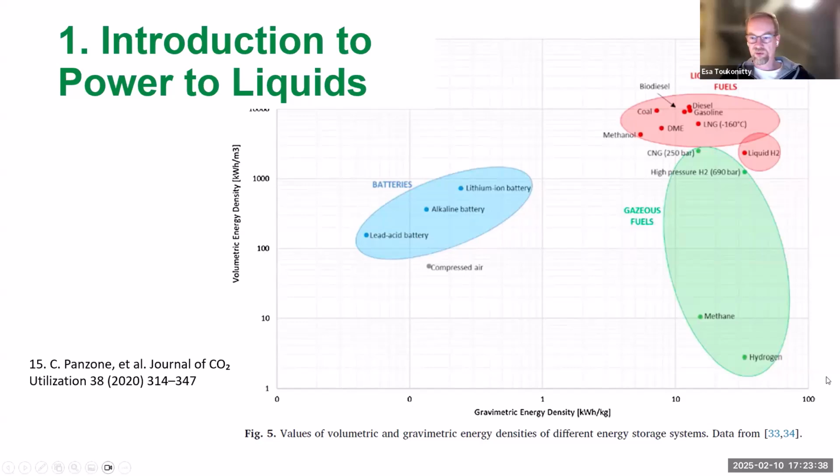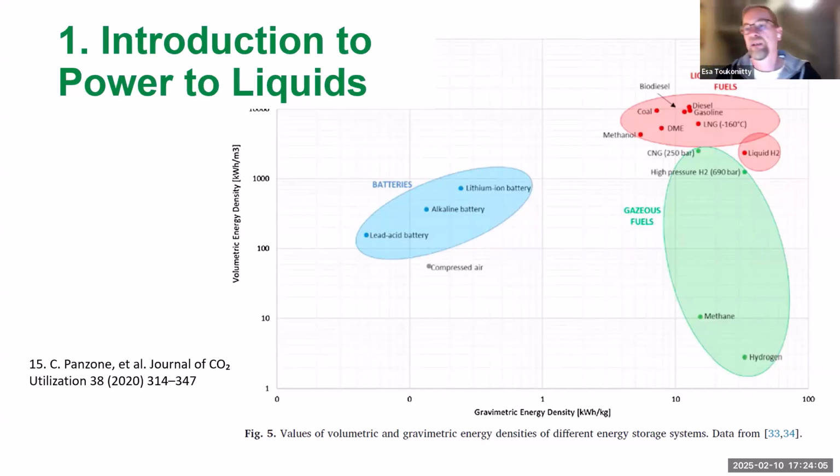Then if we go to the lower right corner, here are gaseous fuels like hydrogen and methane. They have a lot of energy per kilogram, but in principle they require quite a large volume, so their volumetric energy density is pretty low.